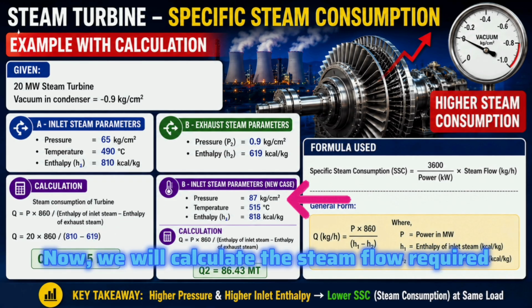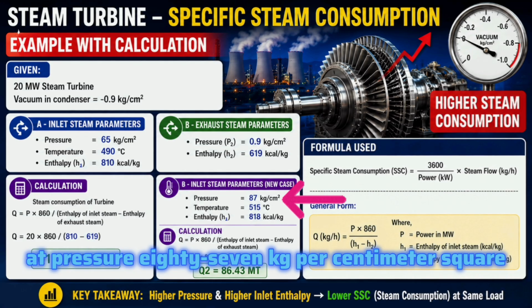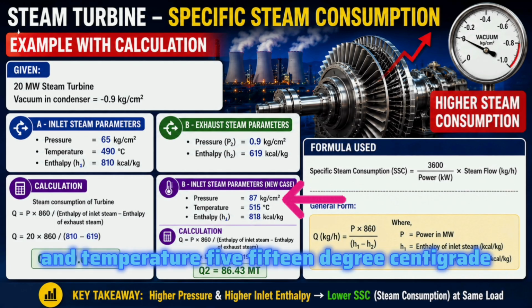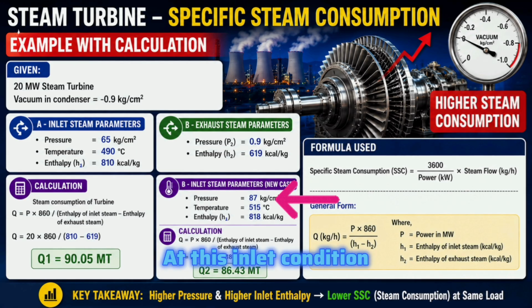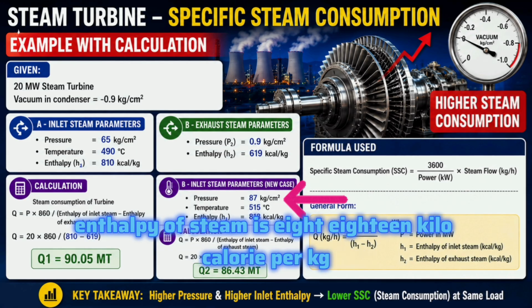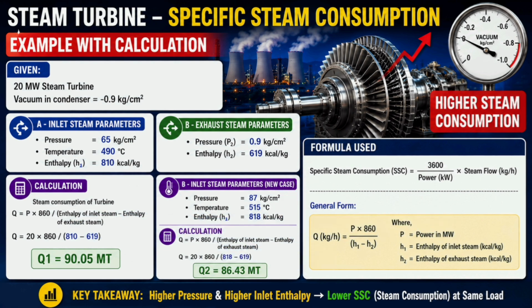Now we will calculate the steam flow required at pressure 87 kg per centimeter square and temperature 515 degrees centigrade. At this inlet condition, enthalpy of steam is 818 kilocalorie per kg.